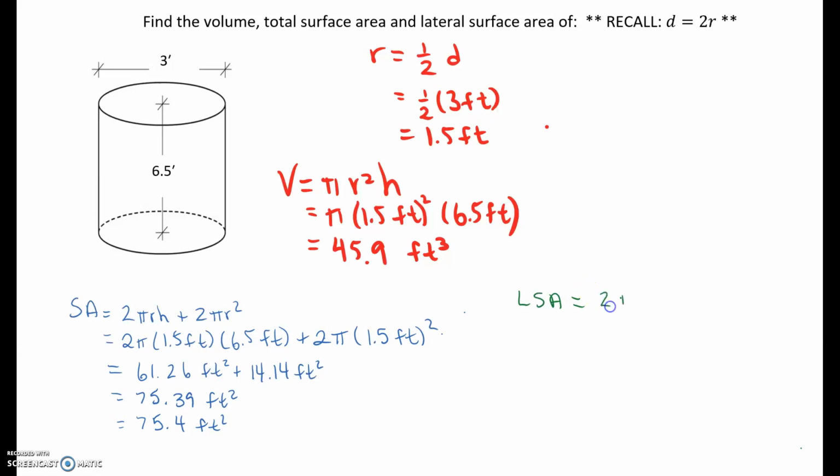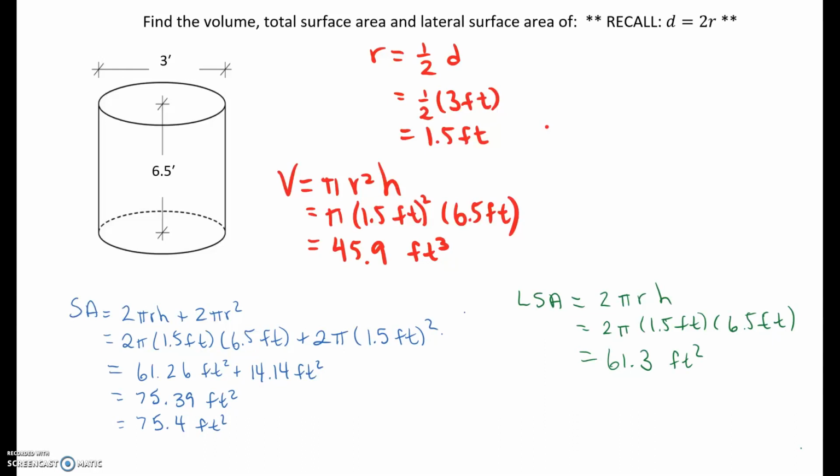It's just 2 pi r h. 2 pi times the radius times the height. Substituting into our calculator, the output to 1 decimal place is 61.3, and the units are square feet, since each of our radius and height measurements were in feet.